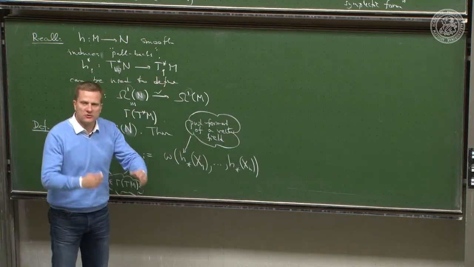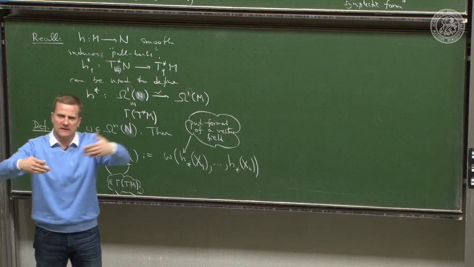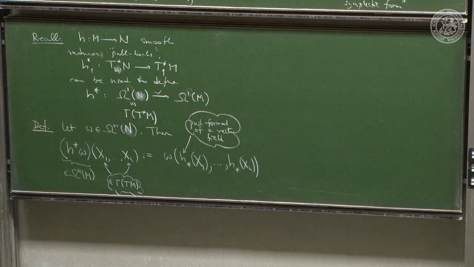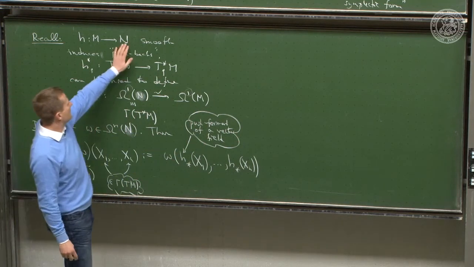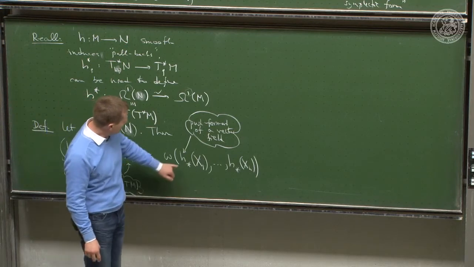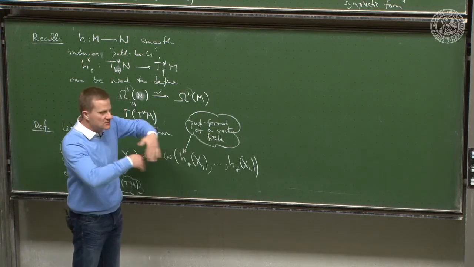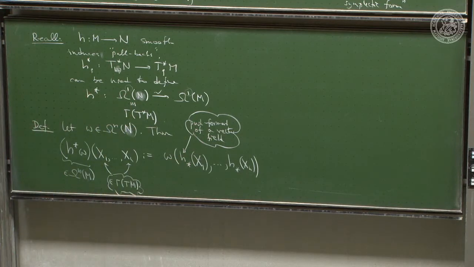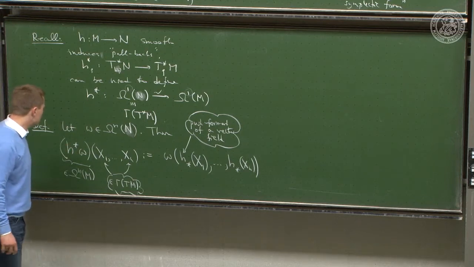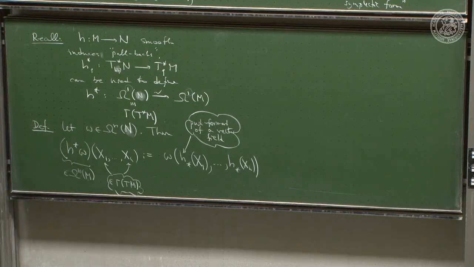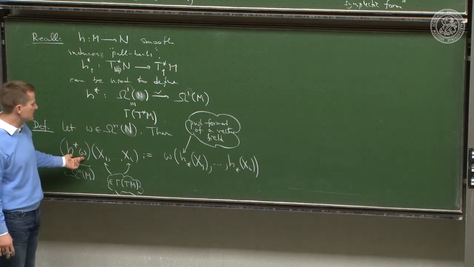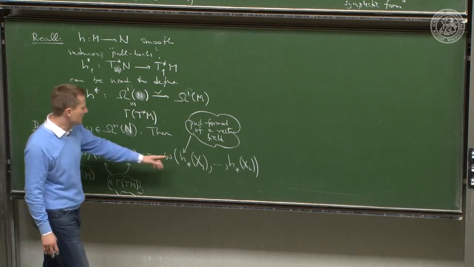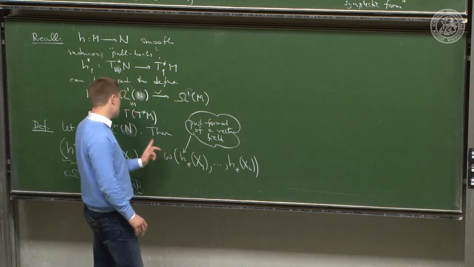We only defined the push forward from a certain tangent space to the corresponding tangent space in the image manifold, the target manifold, and now we extend this. We do this at every point, and this is what is meant here. Okay, so this is then the pullback of this n form, and of course you've got to check whether it's C infinity linear if you put f's in here, but it is because this one is, and it jumps out of here.